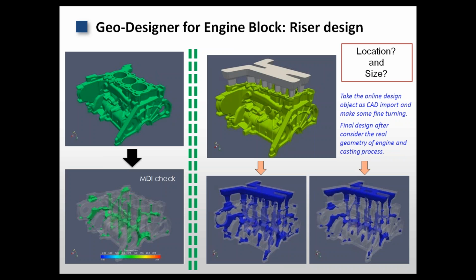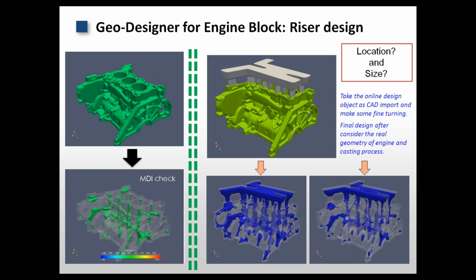And the second case is an engine block. The engine block is manufactured by the gravity casting industry. The most important step, and it's always the first step, is the riser design, because we should find out where to place the riser. The riser should be placed near the thickest area, which is useful to feed the metal during the solidification process.